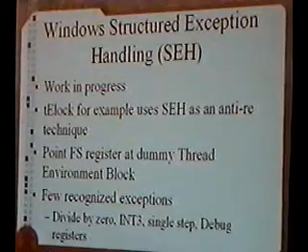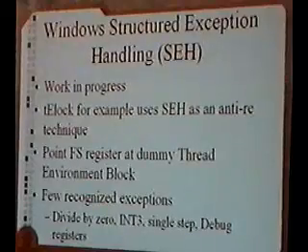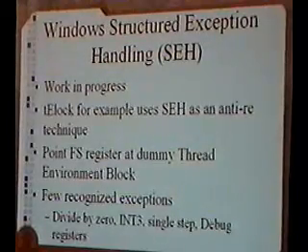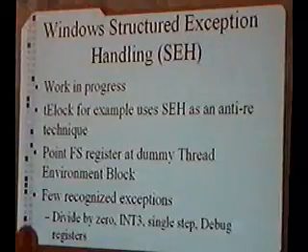And we'll work through that a little bit. It only recognizes a couple things. It does the divide by 0 right now, int3, single stepping, the trace flag being turned on, and the debug registers, which is, again, because TLOC insisted on doing all that stuff.